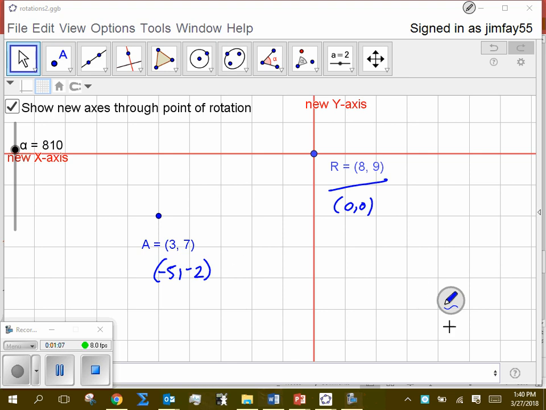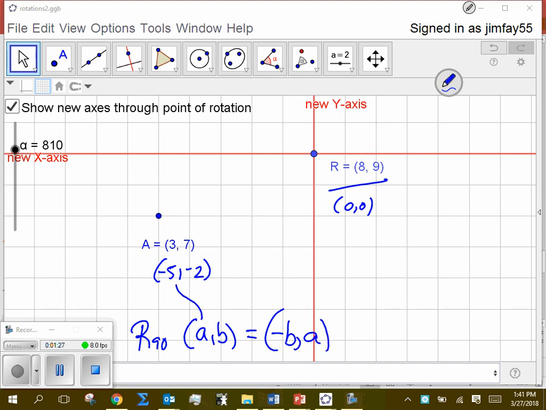And you can use whatever rule you want to. Let's just use the rotation of 90. We've been using that one quite a bit. The rotation rule says if you start with an ordered pair A, comma B, where now A is this -5 and B is this -2, when you rotate it 90 degrees, it's going to become the opposite of B, comma A. So if I take -5, -2 and apply this rule, it's going to rewrite it as -2, -5.